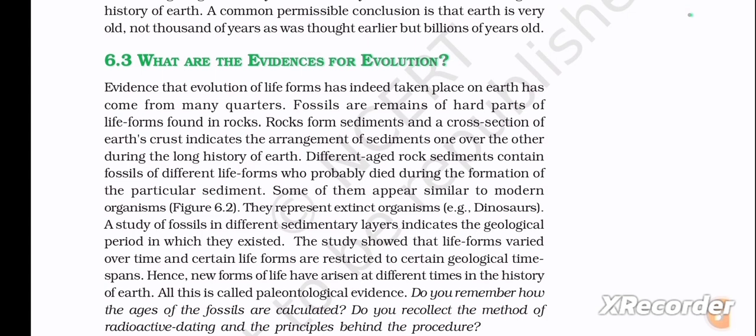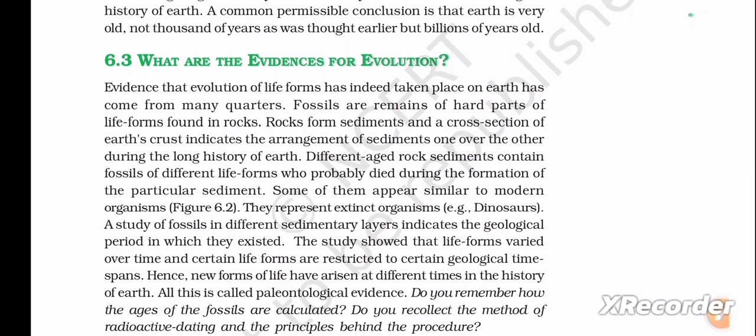Next is 6.3. What are the evidences for evolution? Evidence that evolution of life forms has indeed taken place on Earth has come from many quarters. Fossils are remains of hard parts of life forms found in rocks. Rocks form sediments and a cross section of Earth's crust indicates the arrangement of sediments one over the other during the long history of Earth.